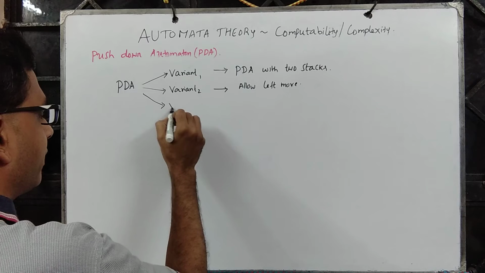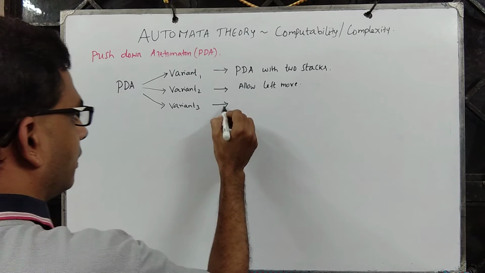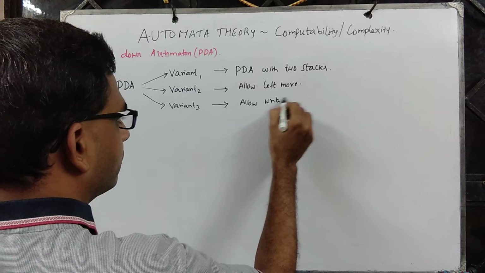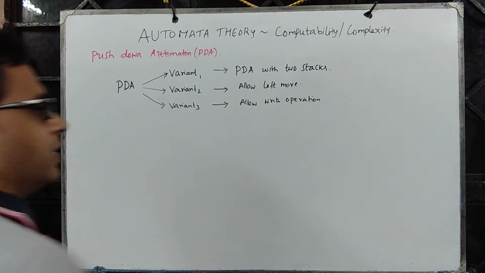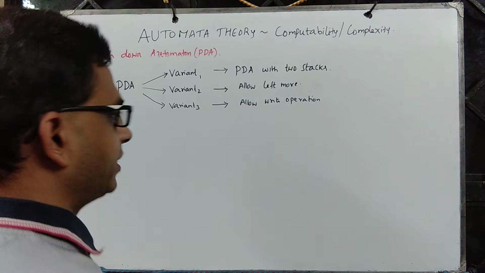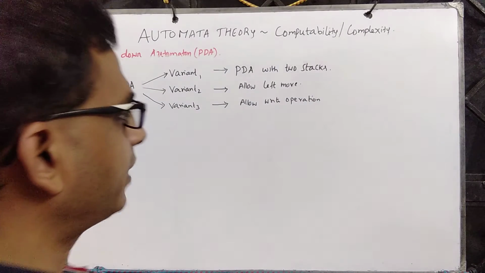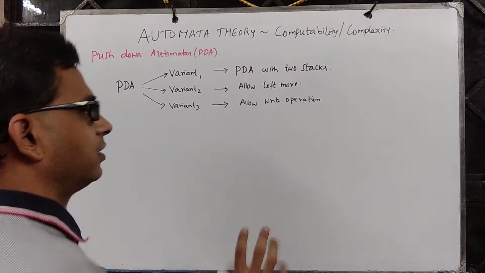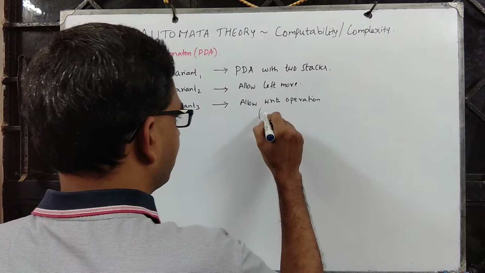Variant number 3: allow write operation. And when you allow write operation, because you can write on the tape itself, we don't need to have additional storage like a stack, or let it be there. So let me write with stack or without stack.